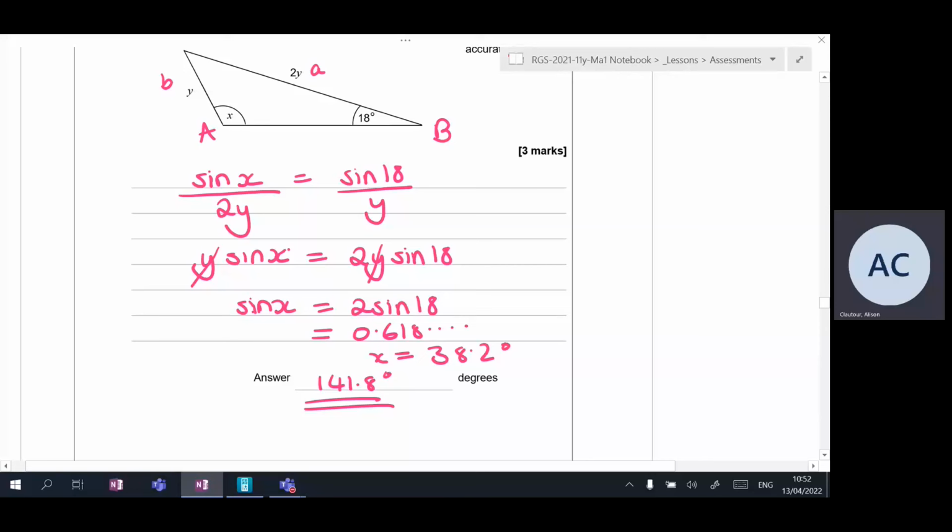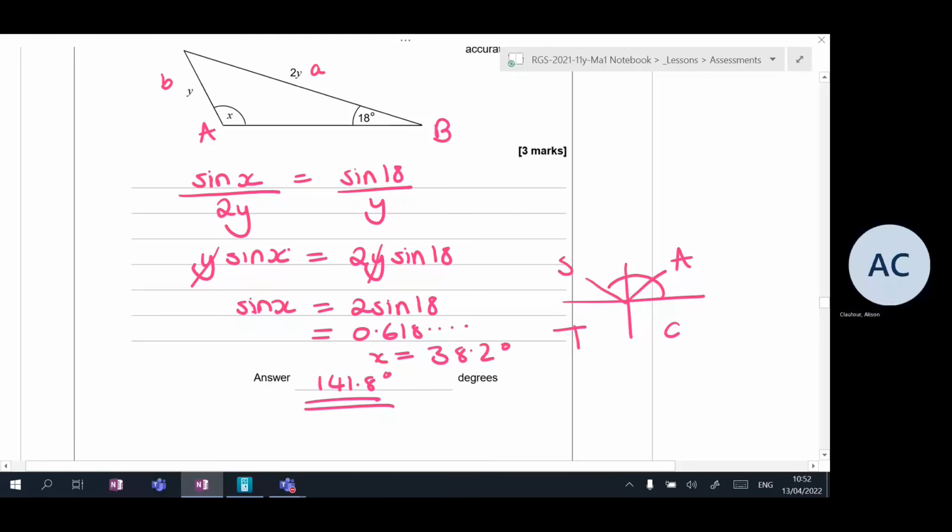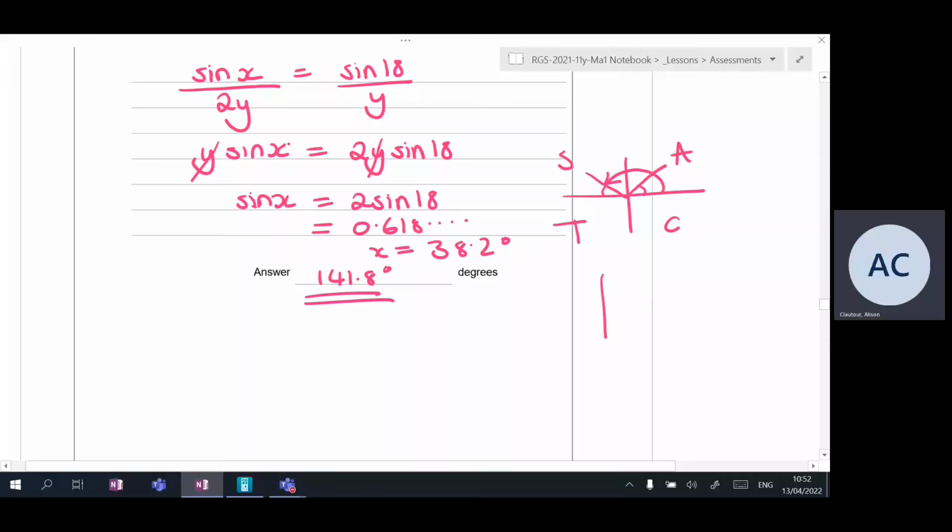Okay, different ways of thinking about it. If you use a CAST diagram, the calculator gives you the acute angle. Remember, to find the next angle in S, because we're talking about sine, you're always going to do 180, take away whatever this angle was because of the symmetry of the CAST diagram. Okay, if you're not a CAST diagram fan and you prefer thinking about the graph, you can think about the graph.